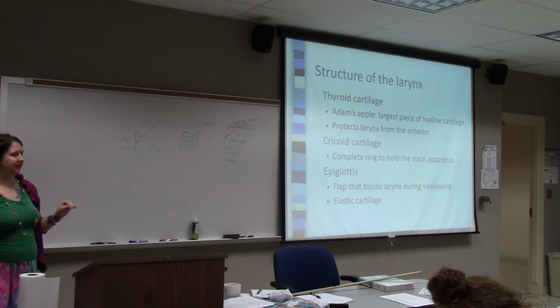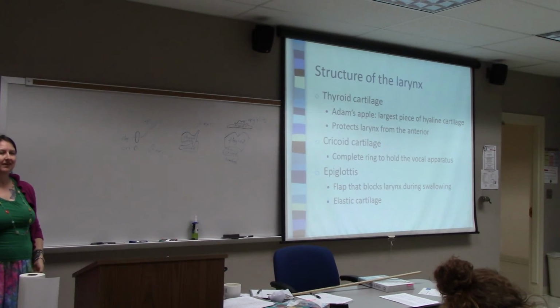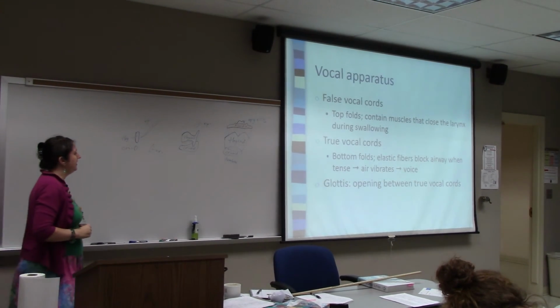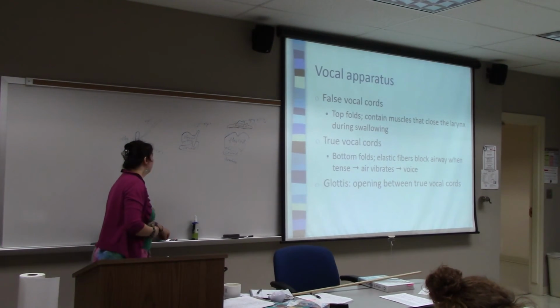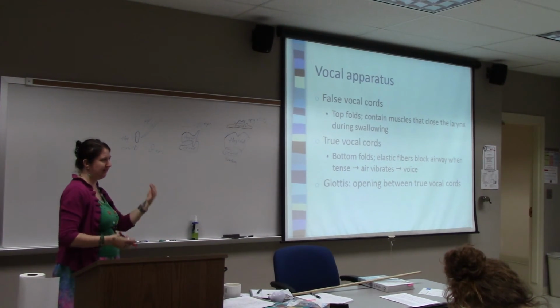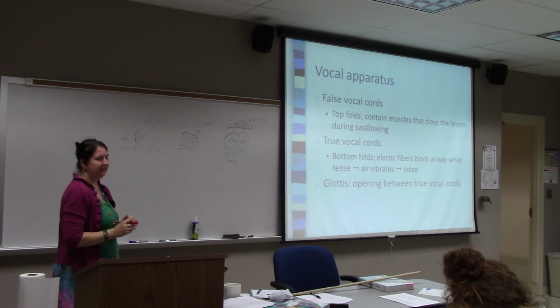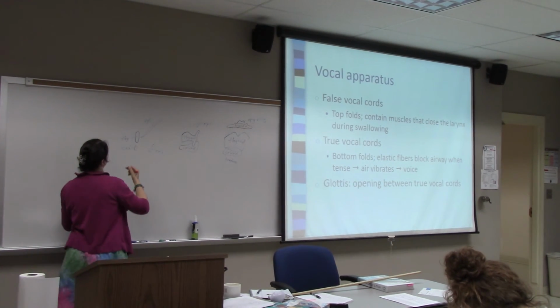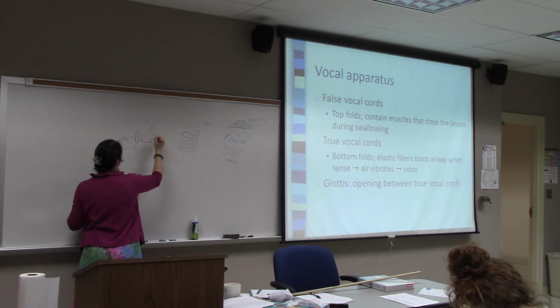Questions on the cartilages? The vocal apparatus is made up of two sets of folds in the walls of the larynx. The top ones are softer and muscular.